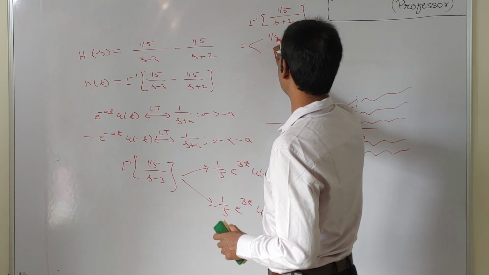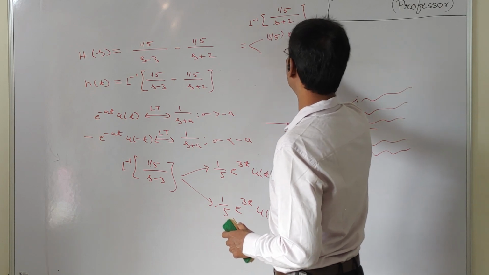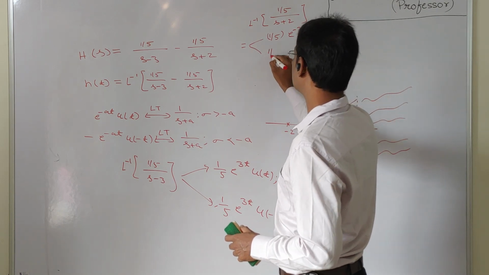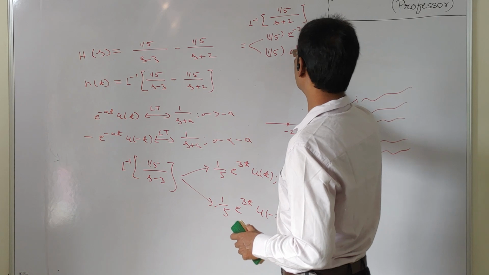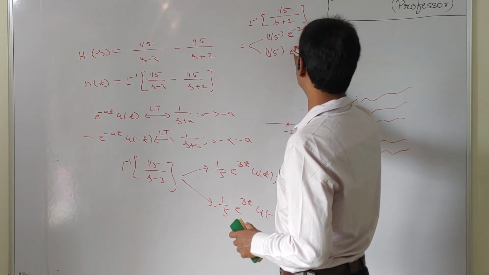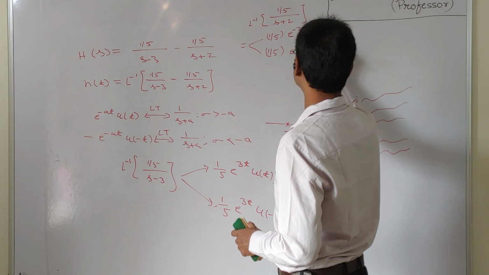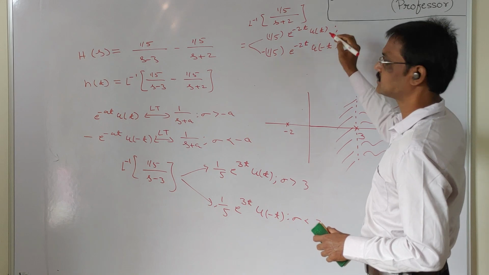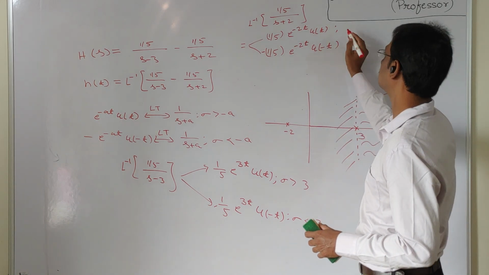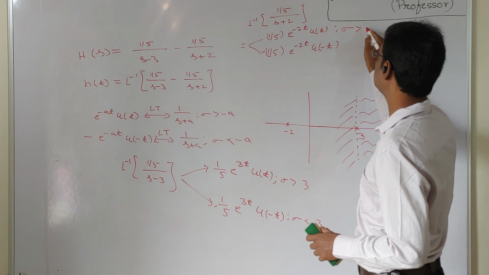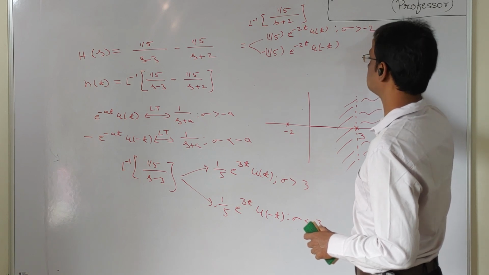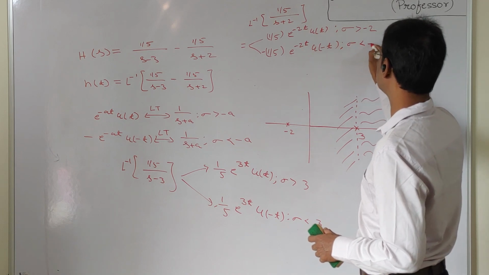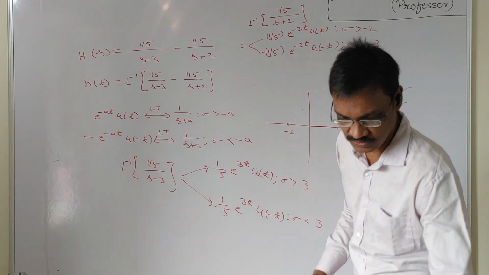One is 1 by 5 e to the power of minus 2t u of t, and the second is minus 1 by 5 e to the power of minus 2t u of minus t. For the first, the ROC is sigma greater than minus 2. For the second, sigma is less than minus 2.